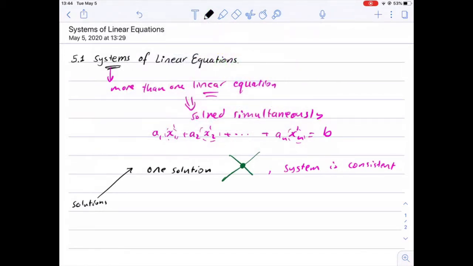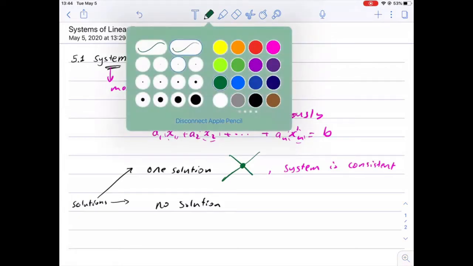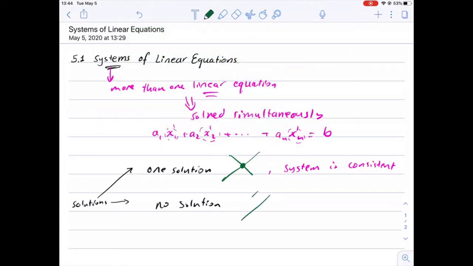The second case is if they don't meet, and in that case there is no solution. That means the two lines do not meet at any point. That means they are parallel.